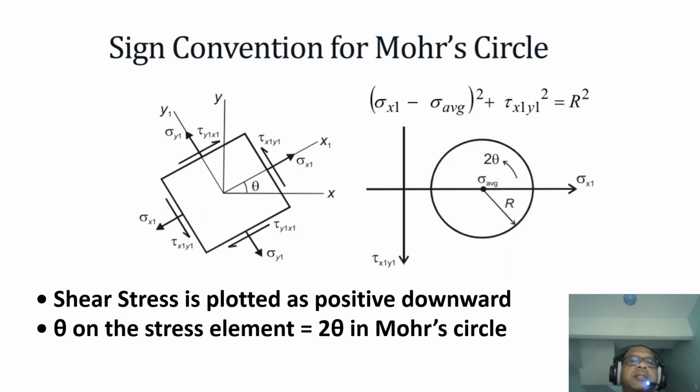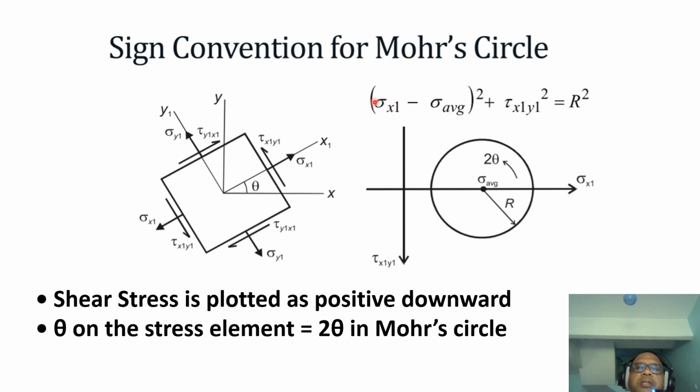So this is the sign convention for the Mohr circle. There is a sign convention that we have to follow when we want to draw it. The Mohr circle equation is given by this one.